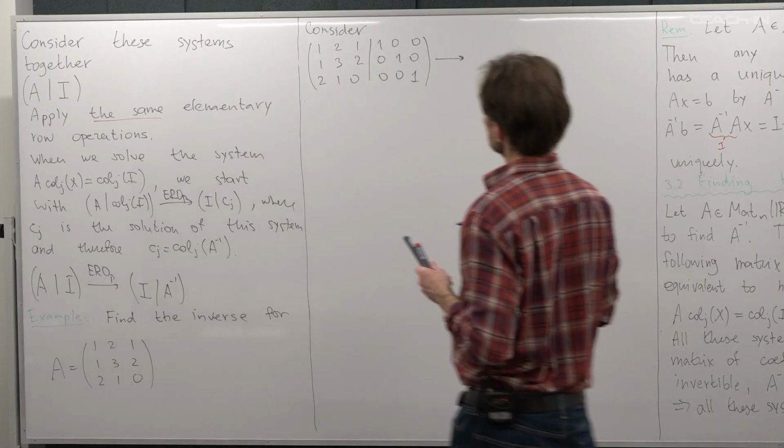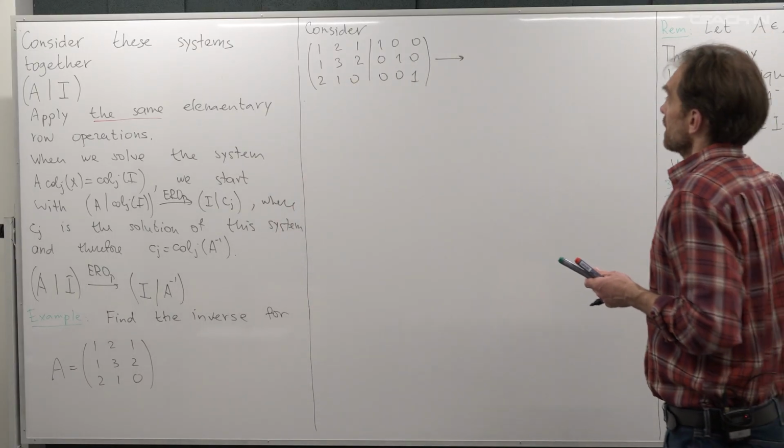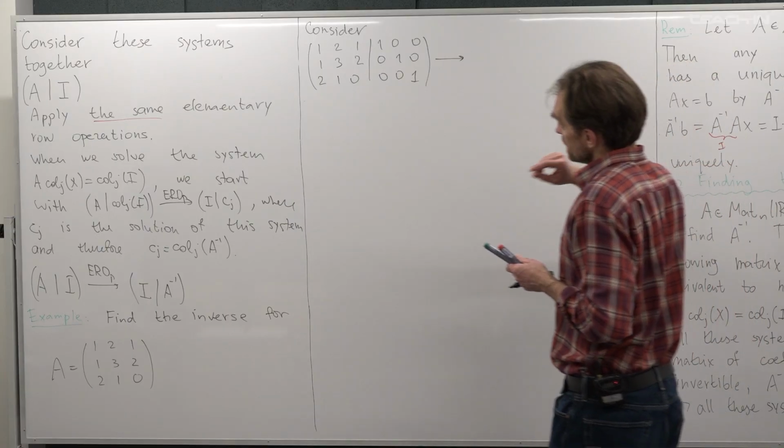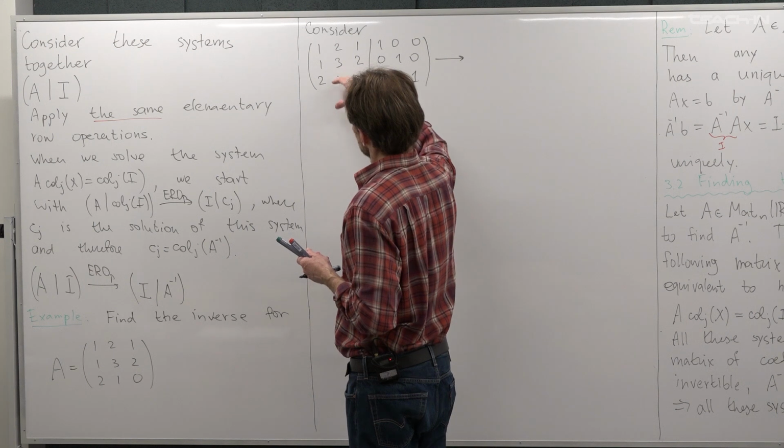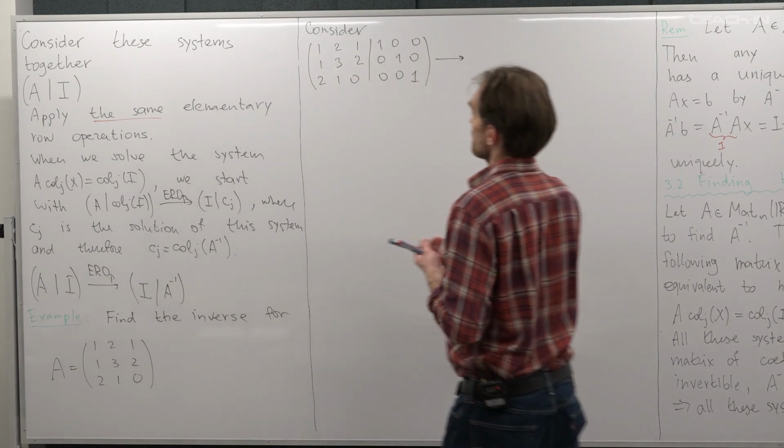Okay, so I'm going to apply elementary row operations in order to get the identity matrix here.